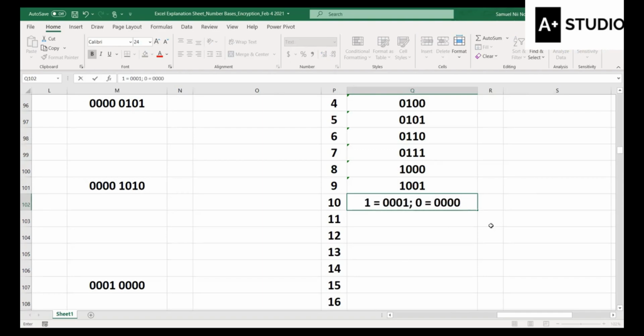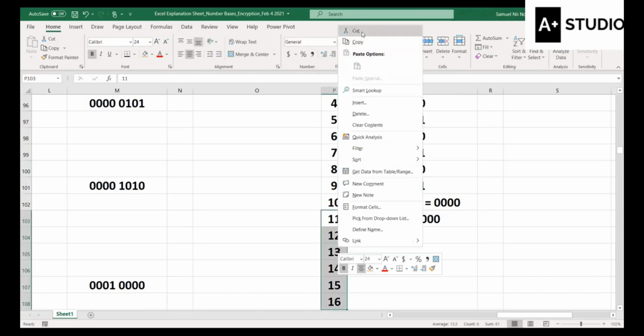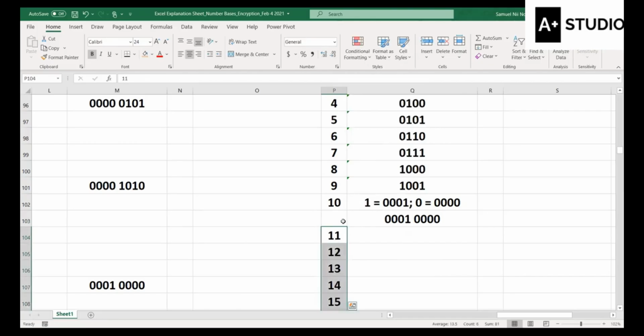So what we are saying is that this 10 will be represented as 0, 0, 0, 1 followed by 0, 0, 0, 0. That is for the number 10. I'm saying that this number 10 will be represented as this.